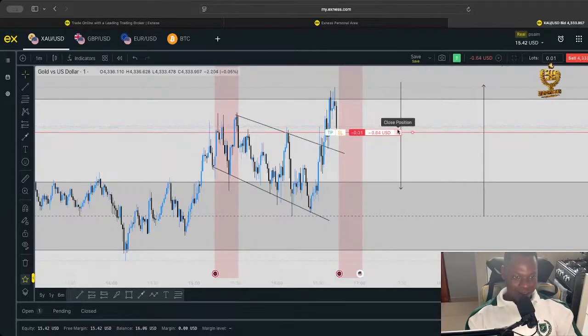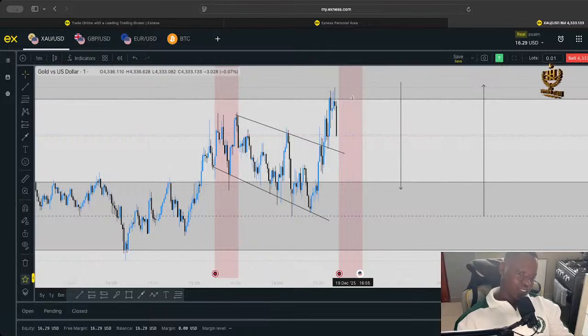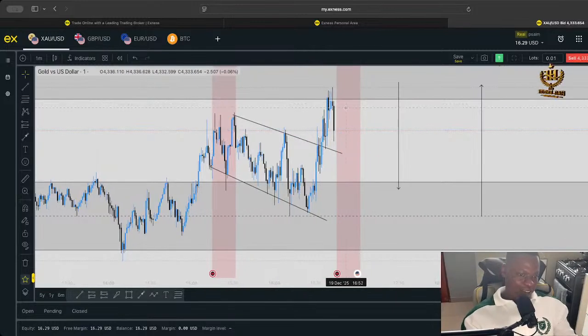And it just loaded, and now we just need to close it. It's a very risky trade. Yeah, let's close it in profit, because I just wanted to sell it from here and it didn't. It just entered somewhere else. I don't know if it's network or if XAUUSD is doing some things.